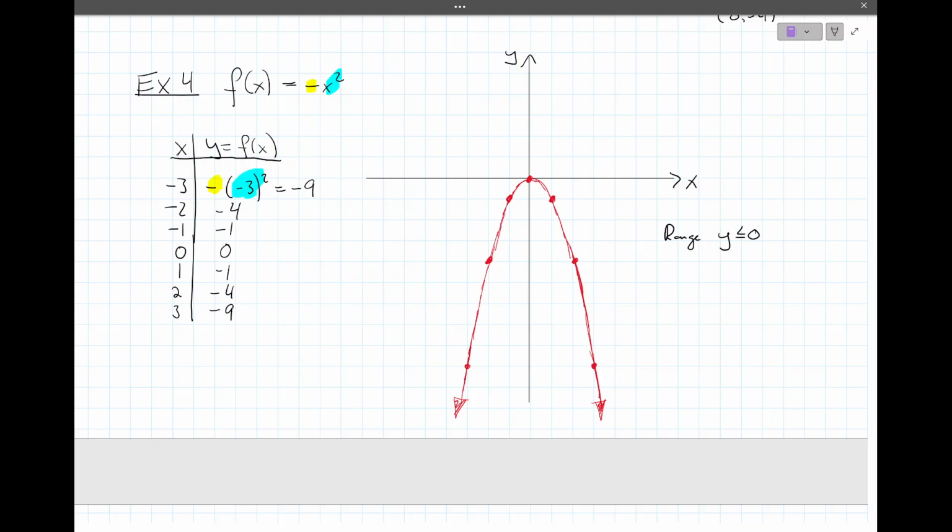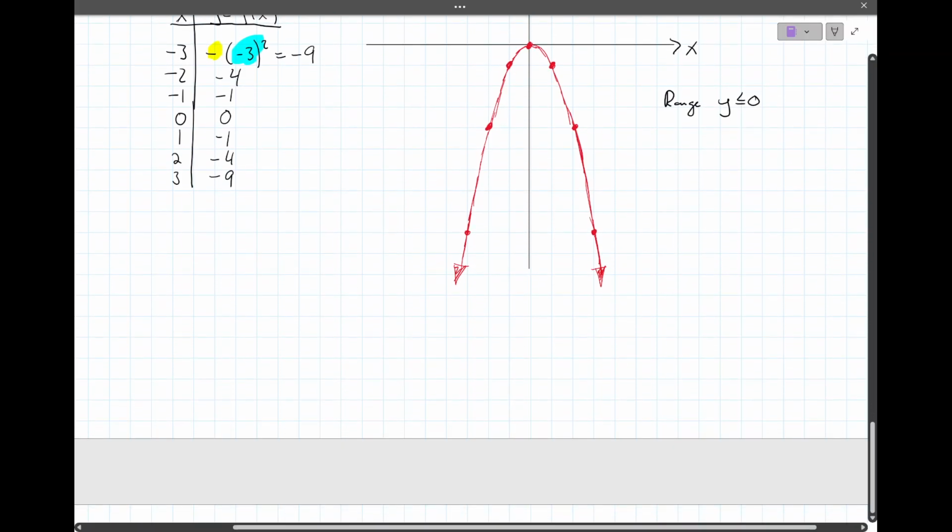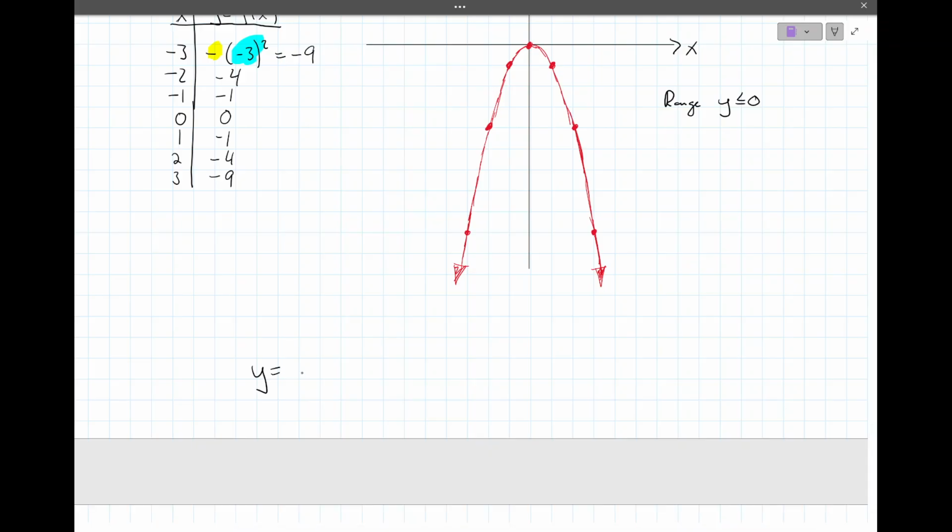What we're going to look at now is we're going to try parabolas with this form where we have y equals ax squared plus k. And what we're going to find is that this a value can be 2, can be a half, it can be 3, could be 5, could be 6, could be 1 over 10, but it changes how fast our y values get to where we want to be.